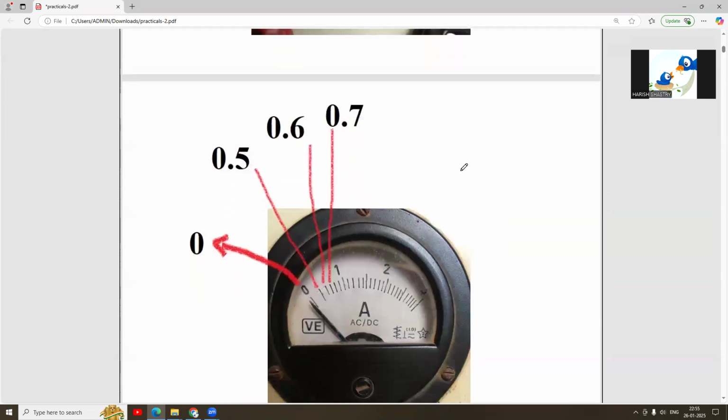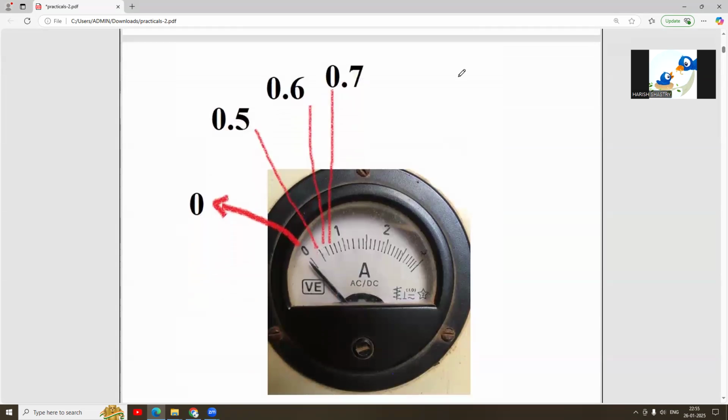It is written here in this diagram: we have 0, this one, and 0.5, 0.6, 0.7, 0.8, 0.9, 1, 1.1, 1.2, 1.3, 1.4, 1.5, and so on.